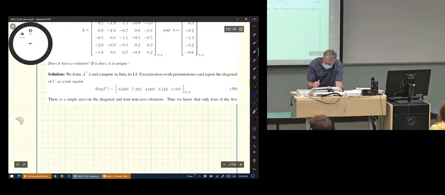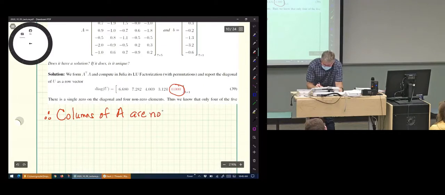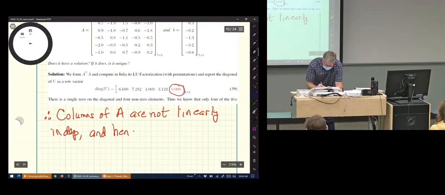So we conclude the columns of A are not linearly independent, and hence, if a solution exists, it is not unique.